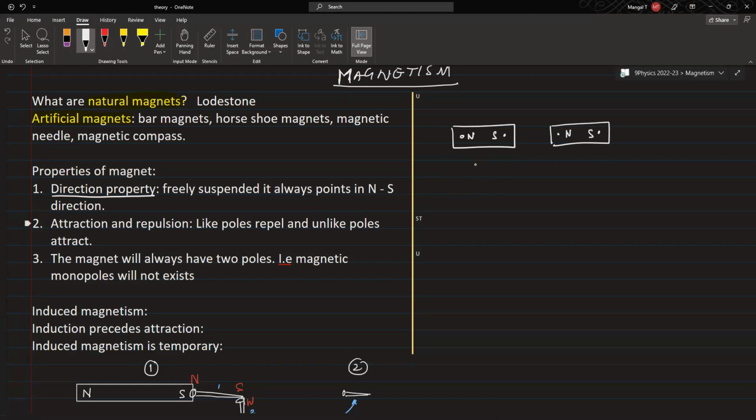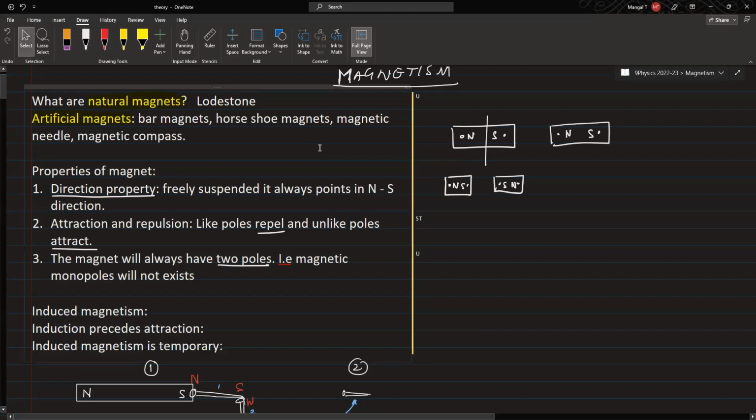If you bring similar poles together, they will repel, and if you bring opposite poles together, they will attract. And a magnet will always have two poles. That means if you break a magnet, the other end will acquire the opposite pole, and that continues till you go to the atomic level. So a magnet is always dipolar, that means it has two poles.